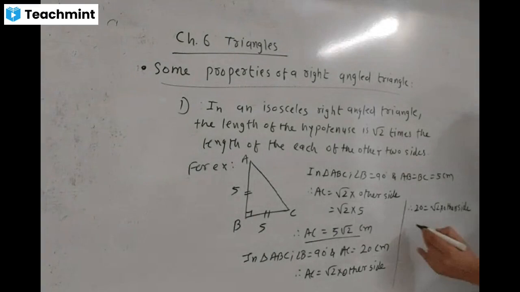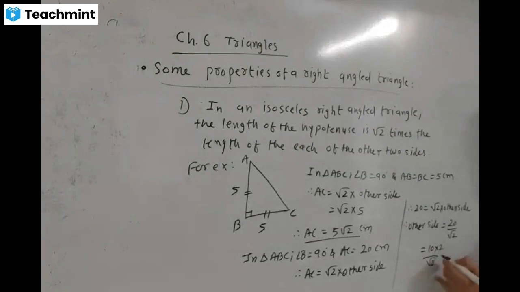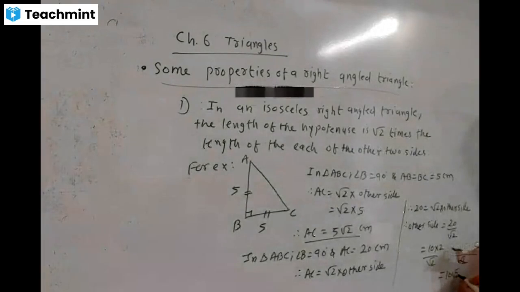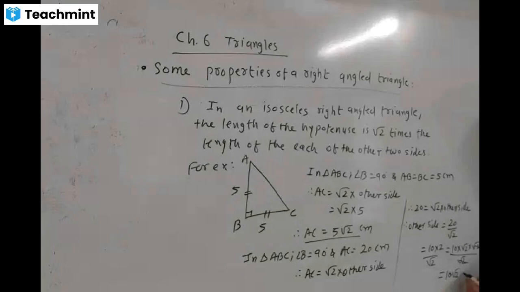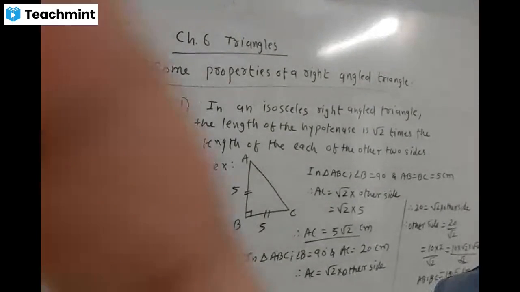Therefore other side is equal to 20 by root 2, that is equal to 10 into 2 by root 2, and 2 is root 2 multiply root 2, so other side is 10 root 2 centimeter. Therefore AB and BC both are 10 root 2 centimeter. Okay, so have any doubt?